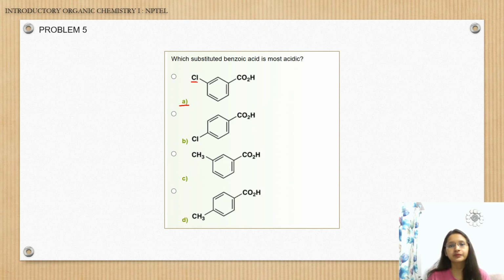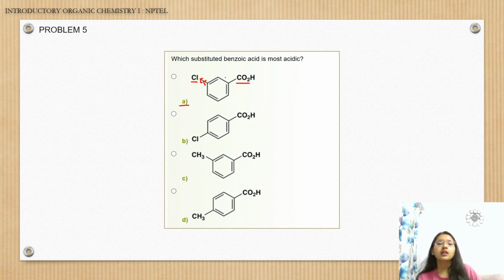If it is an electronegative atom, it will withdraw electrons towards itself. So it is withdrawing electrons and making this carboxylic acid carbon more electropositive.